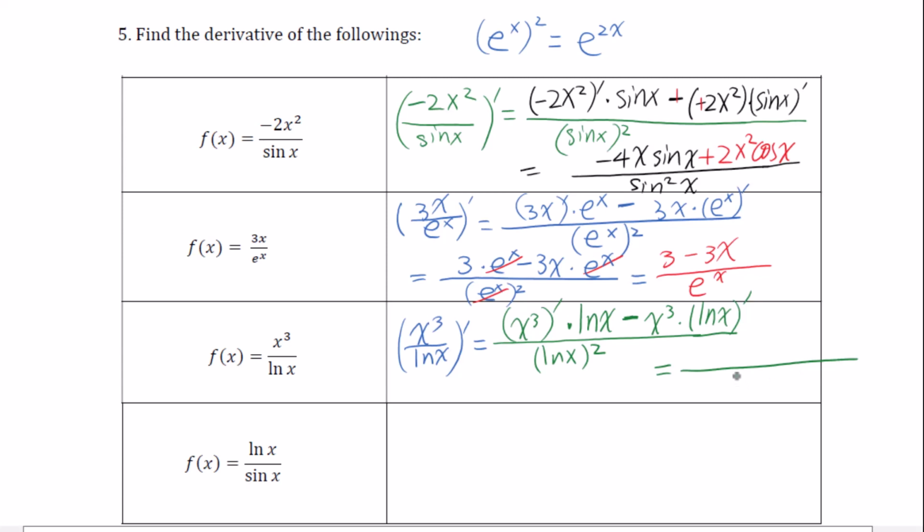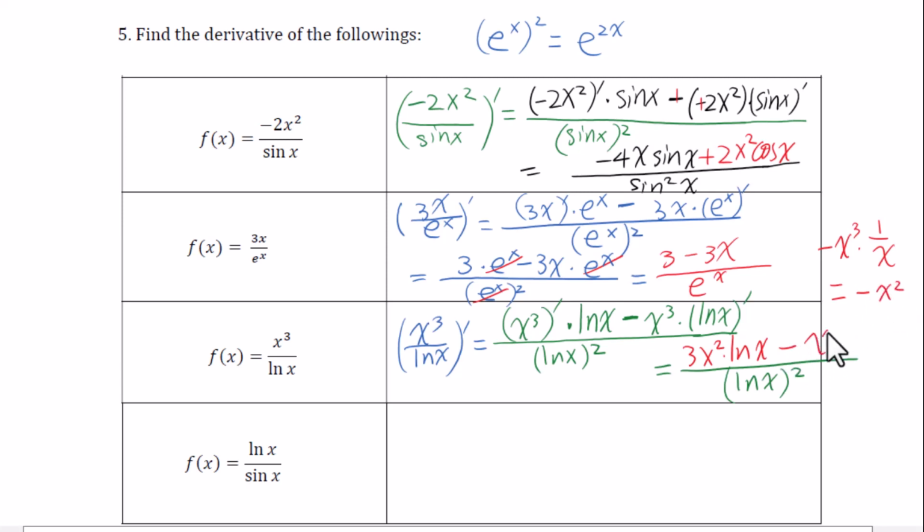The derivative of x to the third power is 3x squared times natural log of x. The derivative of natural log of x is 1 over x. So negative x third power times 1 over x equals negative x squared.